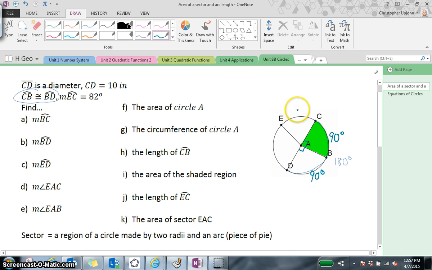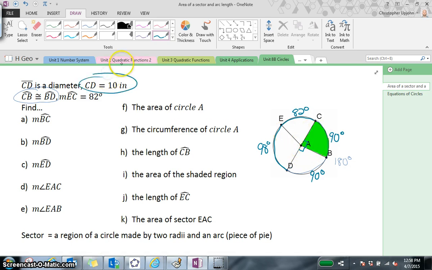We know that arc EC is 82 degrees, and 180 minus 82 will give us our other part of this arc, because this is also 180 degrees. Our diameter is 10. CD is the diameter, it's 10, so our radius is 5. So let's go through these problems.